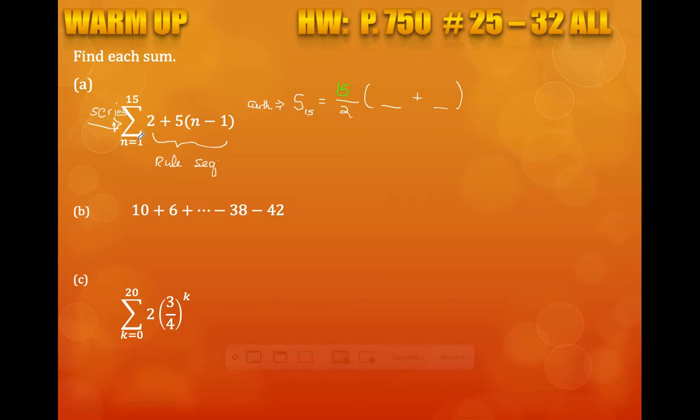And you can fill in your first term: you're told to start at 1, so you're going to put 1 here. 1 minus 1 is 0, times 5 is 0, plus 2 is 2. And then your last term, you're going to put 15 here. So you're going to get 5 times 14, I'm sorry, 15 minus, 5 times 14, because 15 minus 1 is 14. And you're going to get 72. And you're going to plug this all into your calculator and get 555.